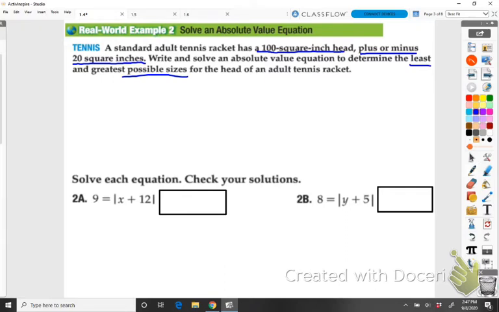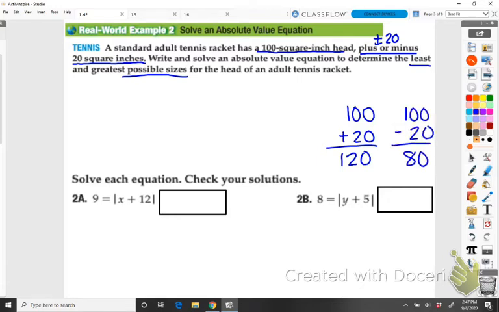If the standard racket has 100 square inches, plus or minus 20, then 100 plus 20 gets you 120, and 100 minus 20 gets you 80. So the least size would be 80 square inches, and the greatest possible size would be 120.